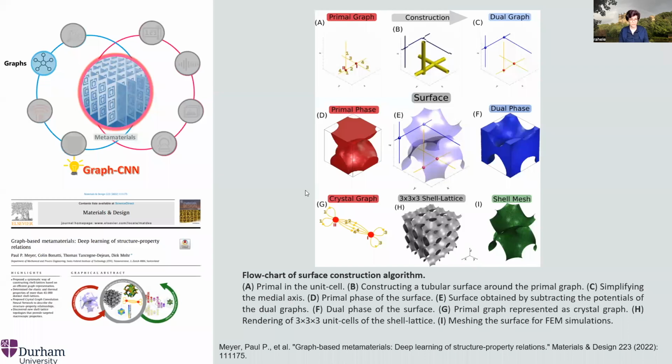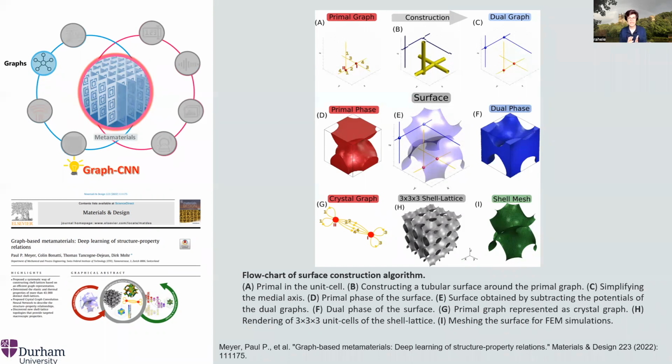So here I just want to talk about this paper. It is the graph-based metamaterial paper published in 2022.